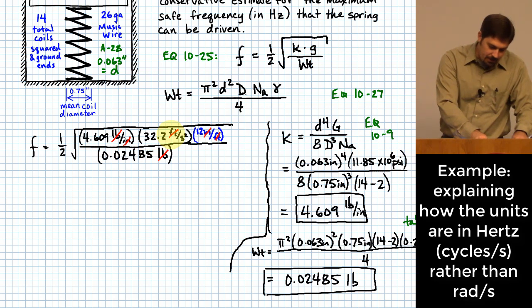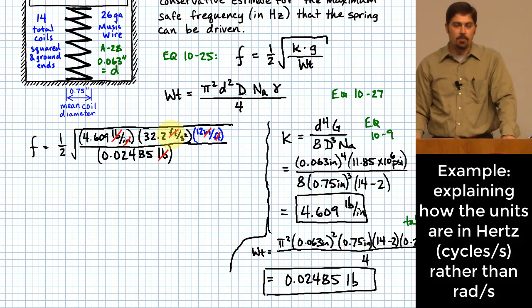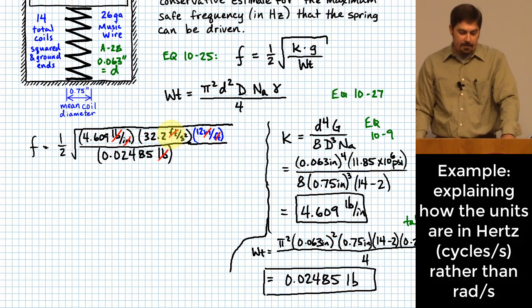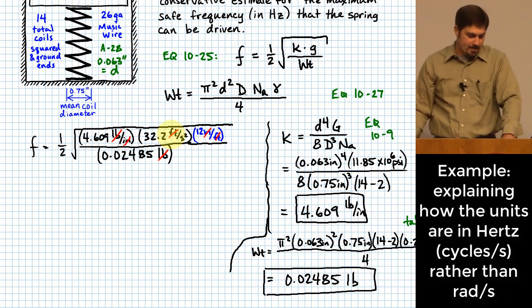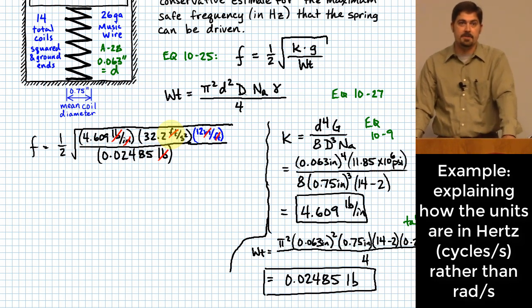If you're curious about that, you can look in this same section in the book. There's an unnumbered equation before the one that I'm using here where it tells you where they got this from. That original equation had a factor of pi in it that goes away whenever we convert this into hertz, basically. That's why the equation that we're using comes out in hertz rather than in radians.